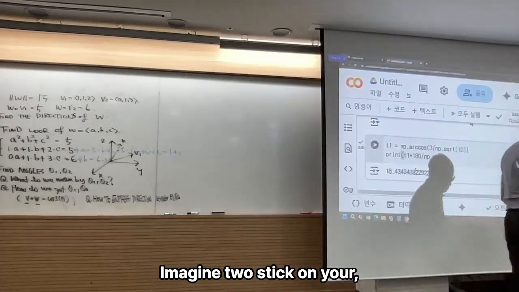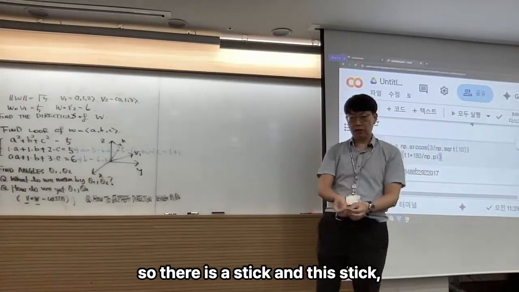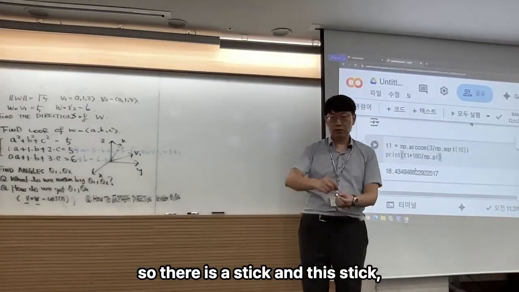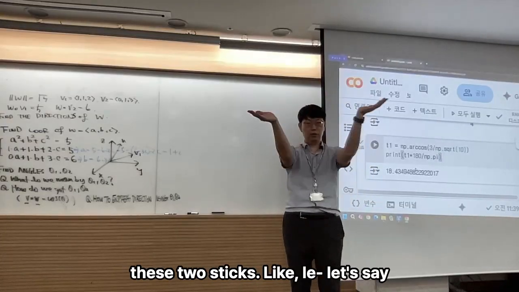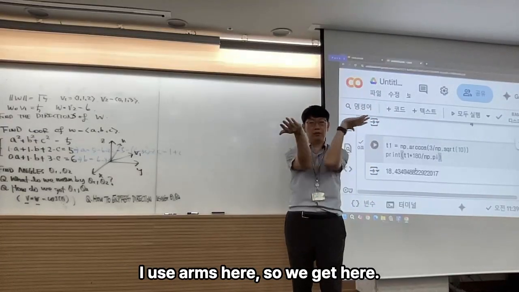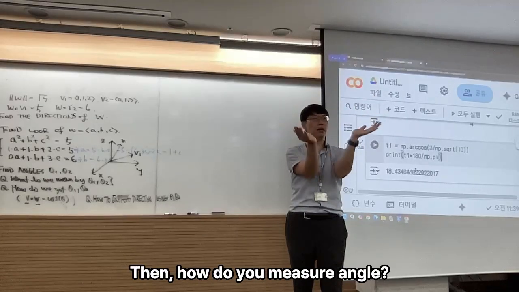Imagine two sticks in front of your eyes. Each stick represents the arrow of a three-dimensional vector. Let's say I use my arms here. Then how do you measure the angle?